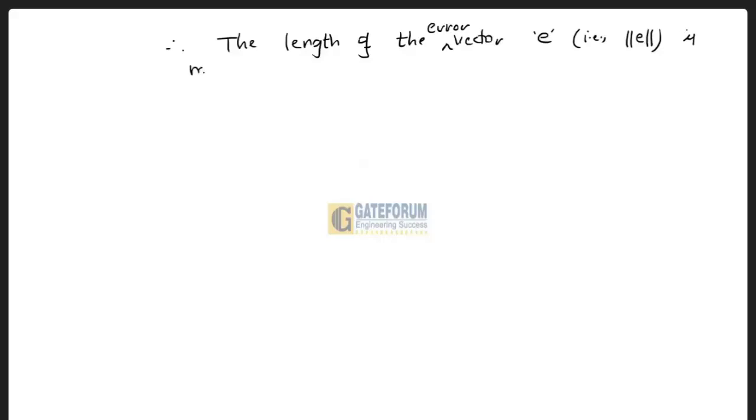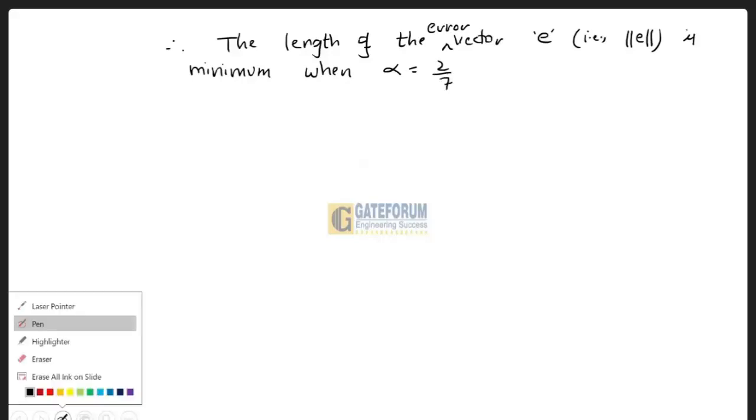So therefore the length of the error vector E, that is norm E, is minimum when alpha is equal to 2 by 7. So this is the answer.